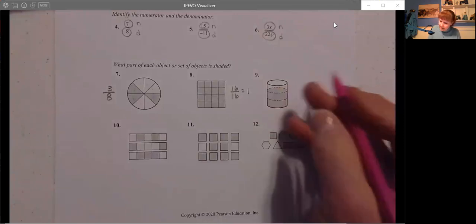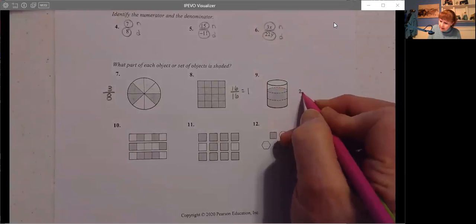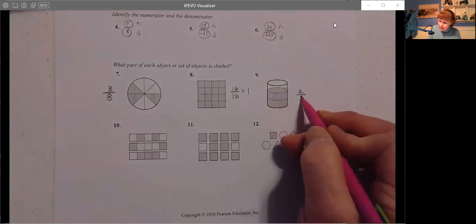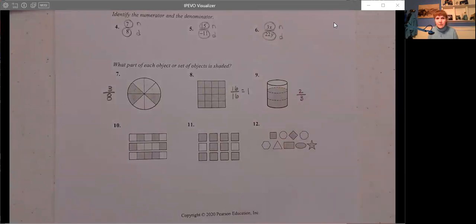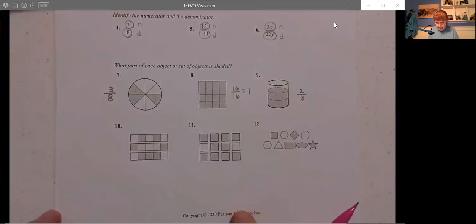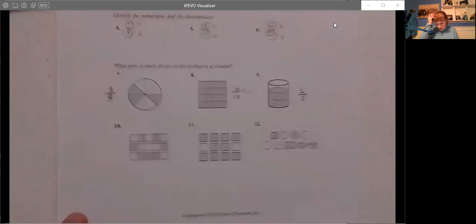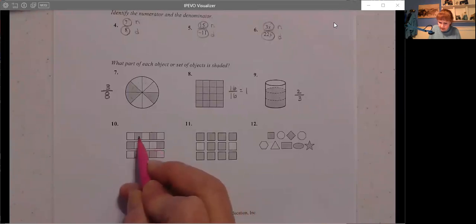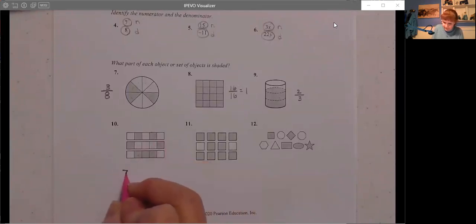In number 9, we have 2 shaded out of 1, 2, 3 parts, 2/3. Great. On number 10, let's see, how many do we have shaded? 1, 2, 3, 4, 5, 6, 7.